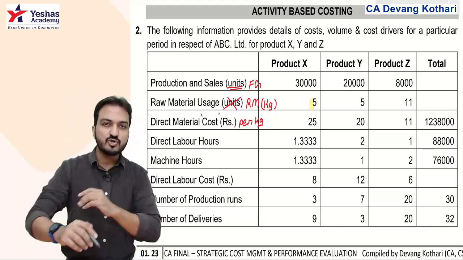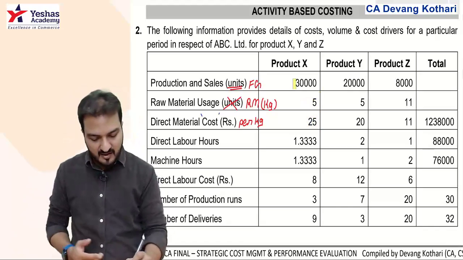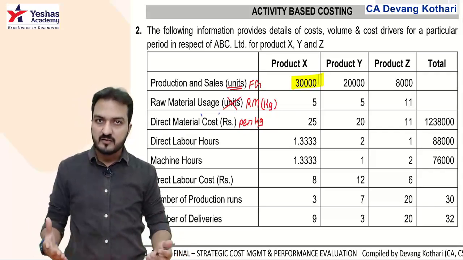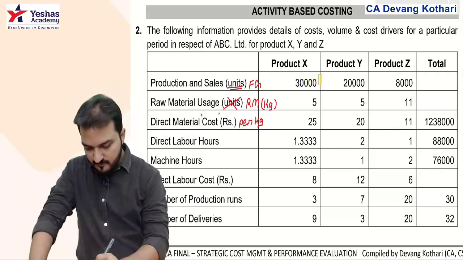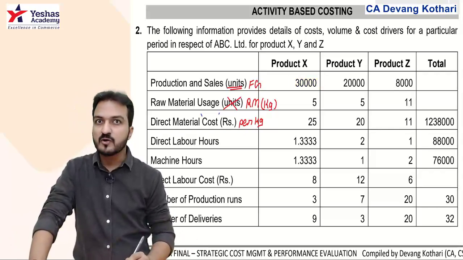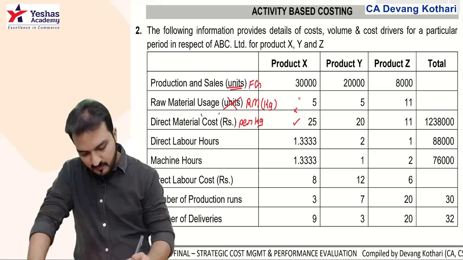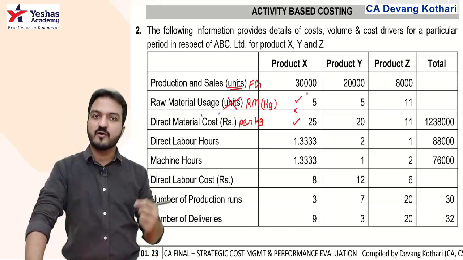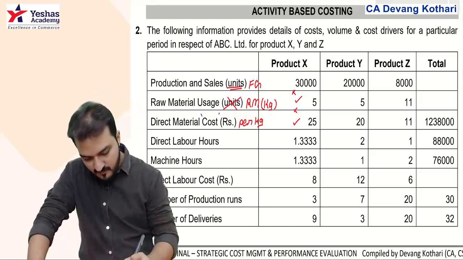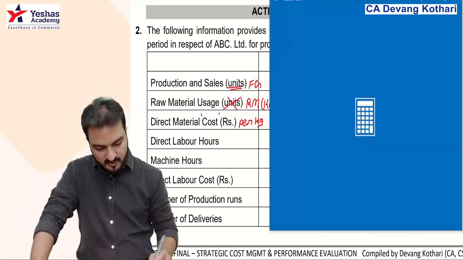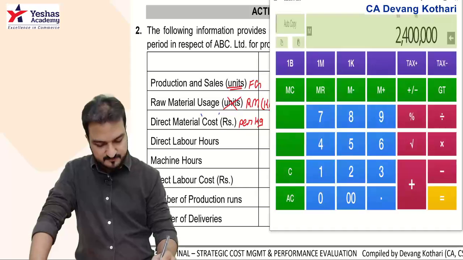And how many such units of X am I making? I am making 30,000 units of X. So to find the total material cost, what I would have to do is 25 per kg into 5 kgs for 1 unit of X into 30,000 units of X. 25 into 5 into 30,000.